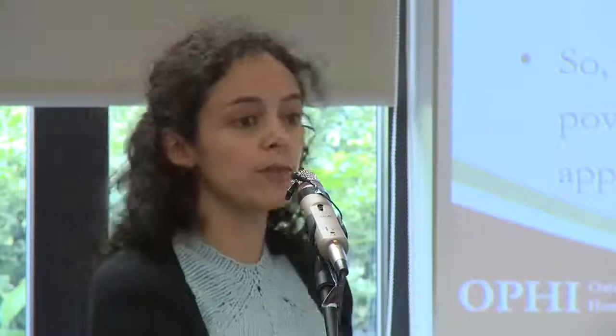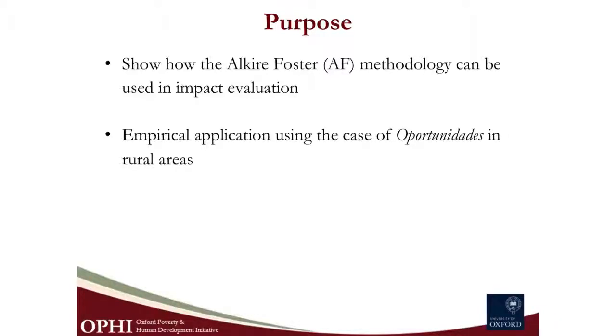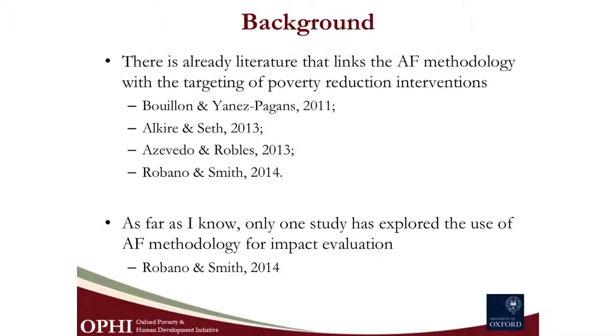If policies are becoming multisectoral approaches, it seems natural that impact evaluation should also have a multidimensional approach. The purpose here is to show how the Alkire Foster methodology could be used in impact evaluation, and I have an empirical application that is still very much work in progress. The background: Sabina mentioned a literature on multidimensional targeting, and there was a slide with a list of papers.